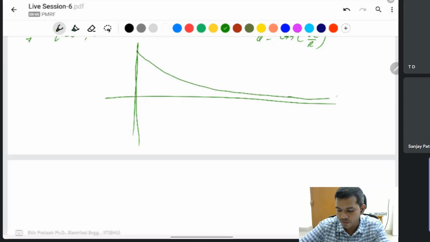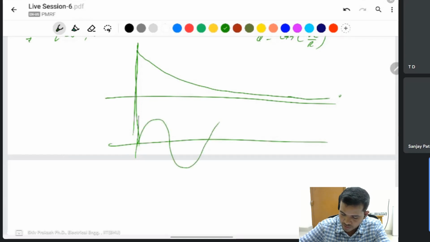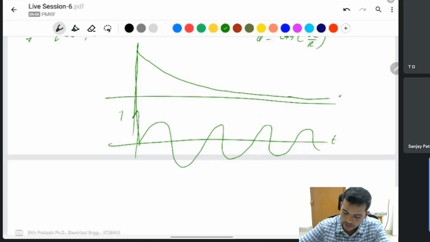At infinity, this one is 0 plus this one is sinusoidal in nature. So the original current is in a steady state. This one is a transient.